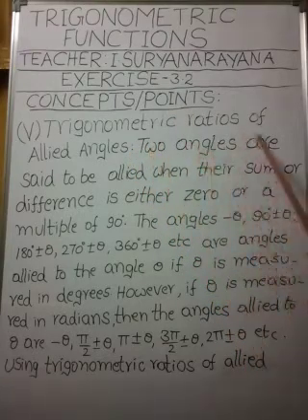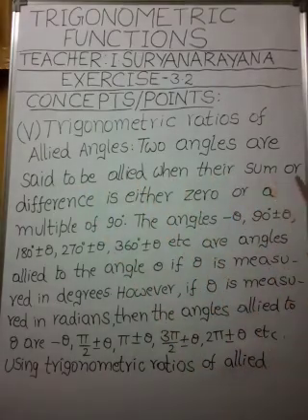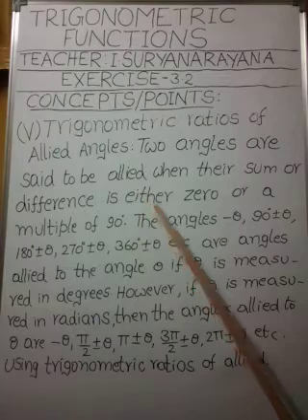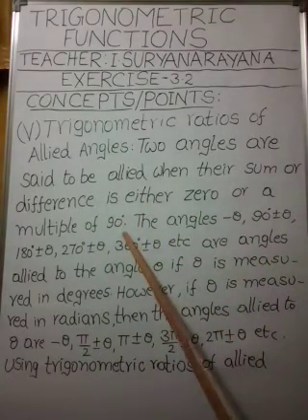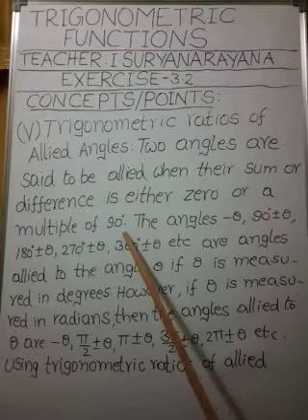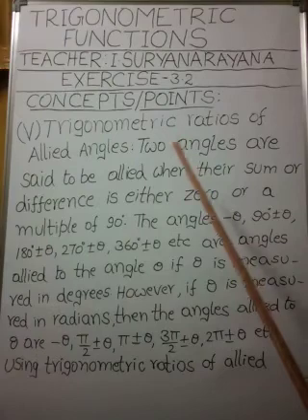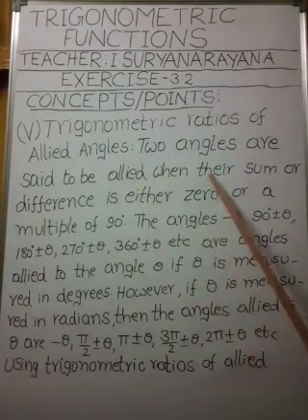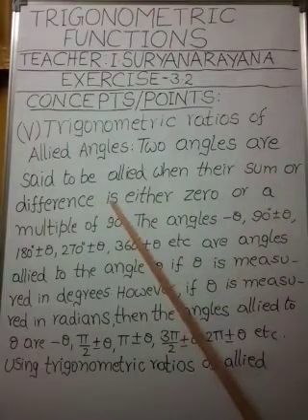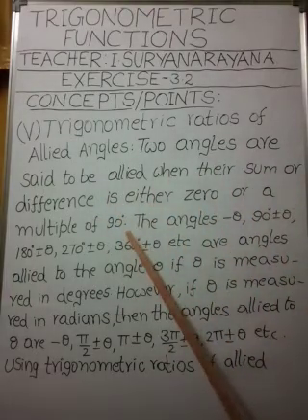Two angles are said to be allied when their sum or difference is either 0 or a multiple of 90 degrees. Understood this definition, my dear children? Allied angles means, I will repeat the definition. Two angles are said to be allied when their sum or difference is either 0 or a multiple of 90 degrees.